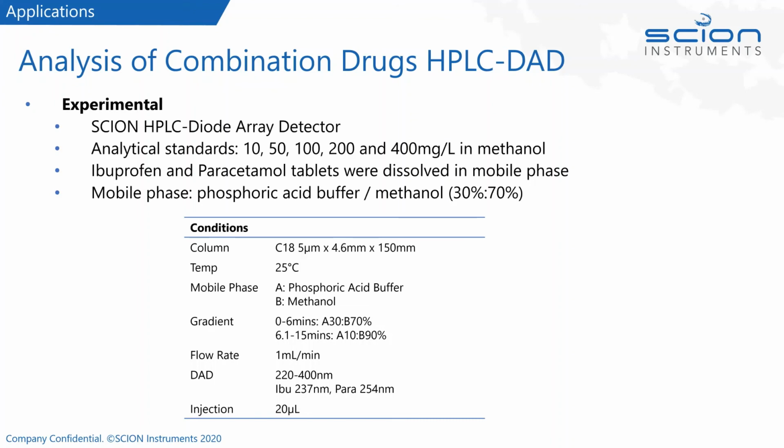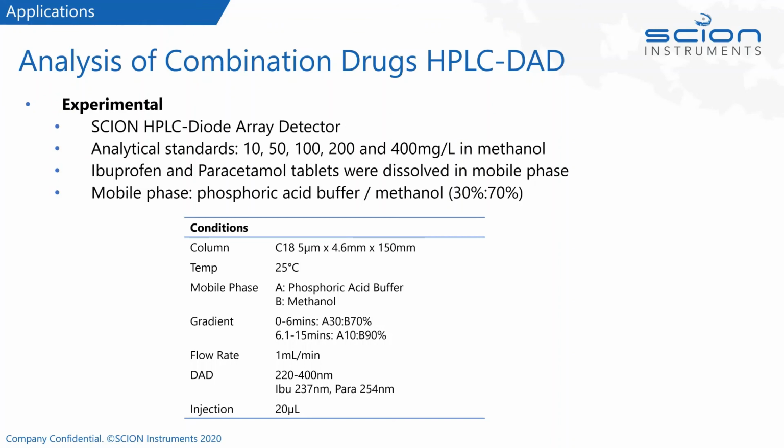So in terms of mobile phase, it is a buffered solution in mobile phase A, and mobile phase B is simply methanol. So it was a gradient program. As you can see, from 0 to 6 minutes, we had the methanol at a concentration of 70%, and this was further increased after 6 minutes up to 90%.